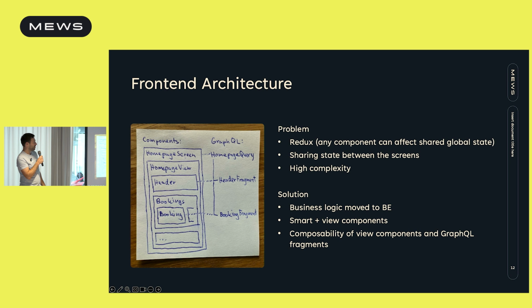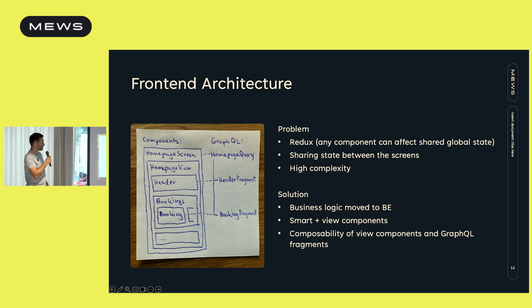And another big issue with the old code was that it was sharing state between the screens, which, I don't know, at any time where there is state involved, there are more bugs, more options for what can happen. So if you can remove it, because it's not necessary, then it's good because everything is easier. And it was highly complex, yeah.